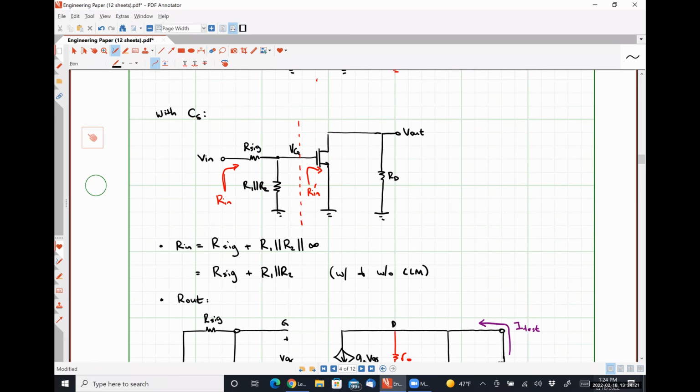This is just a common source amplifier, which we know has a voltage gain of negative gm RD when channel length modulation is neglected, and it has a gain of negative gm times r naught in parallel with RD when channel length modulation is included. Right? So the relationship between V out and VG is well defined based on our prior analysis.